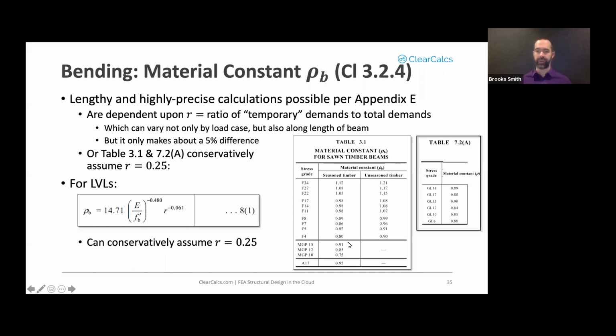You never need to go lower than that. So you can just pull your rho sub b value from these tables for most timbers. For LVLs, you have a formula that you're given, but you can always conservatively assume an R equals 0.25 in this formula. So just plug in an R equals 0.25, plug in your characteristic modulus of elasticity and characteristic strength in bending, and that will give you your material constant.